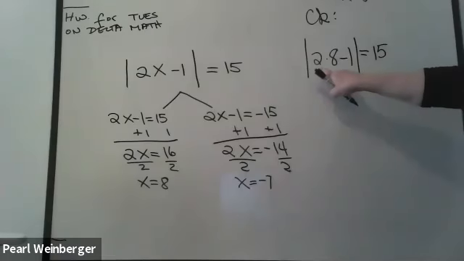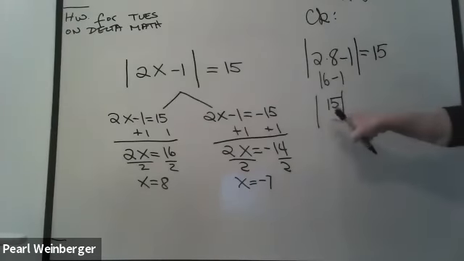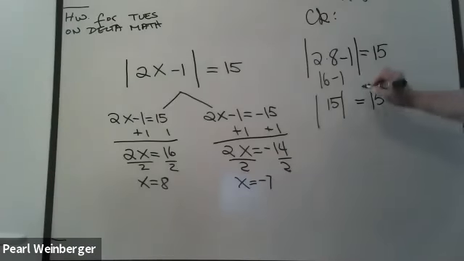Well, 2 times 8 is 16, and 16 minus 1 is 15. And remember, this 15 is inside an absolute value because I just simplified this. What is the absolute value of 15? 15. So did it work? Yes, it did. So x equals 8 checks.